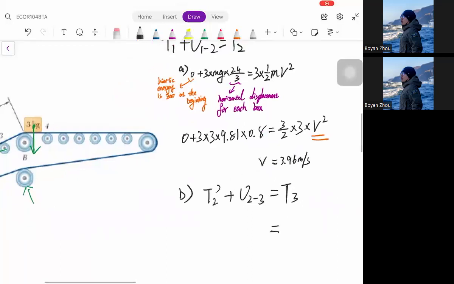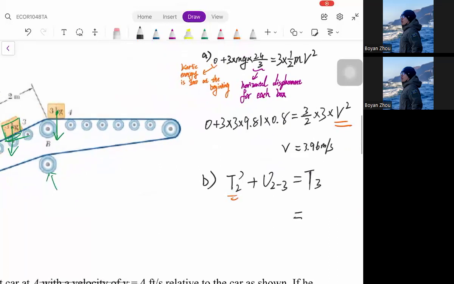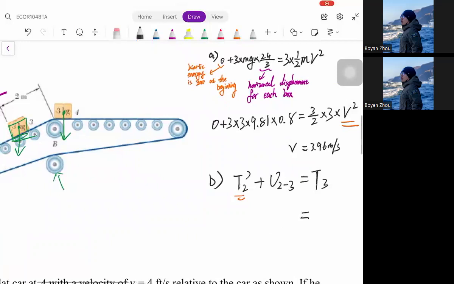So the kinetic energy at the beginning of this question is going to be a little bit different than before. Before it's 0 since everything's starting from rest. But now we already have a velocity.